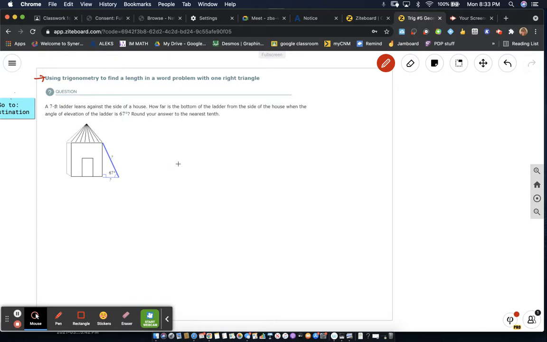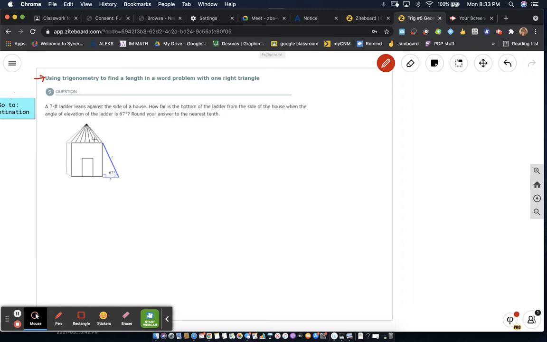The key to word problems is simply, again, use your trig to figure out what relationship they're giving you. Separate the triangles, draw all the triangles that you have so you can see the picture clearly. That's really what it's about.